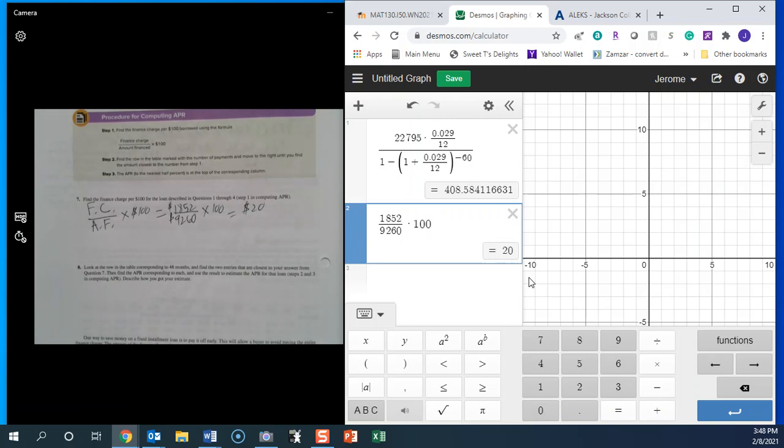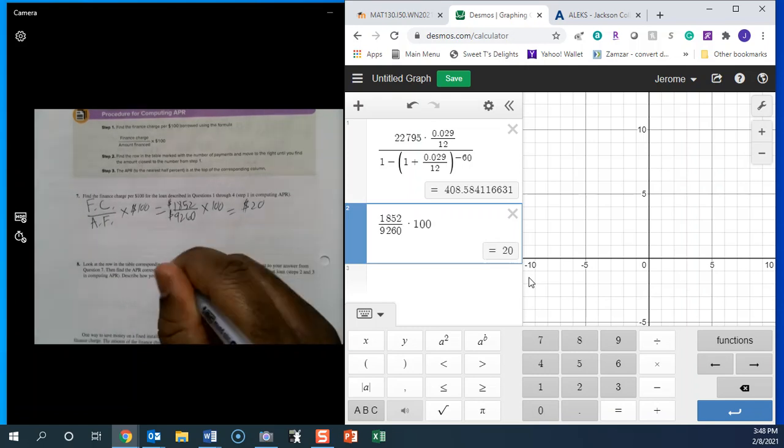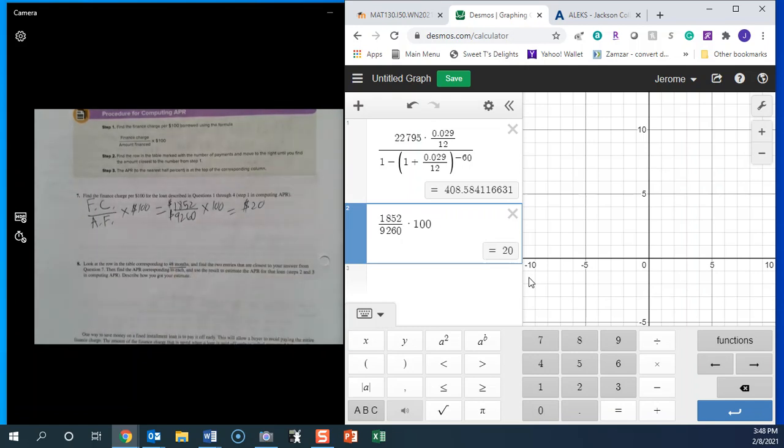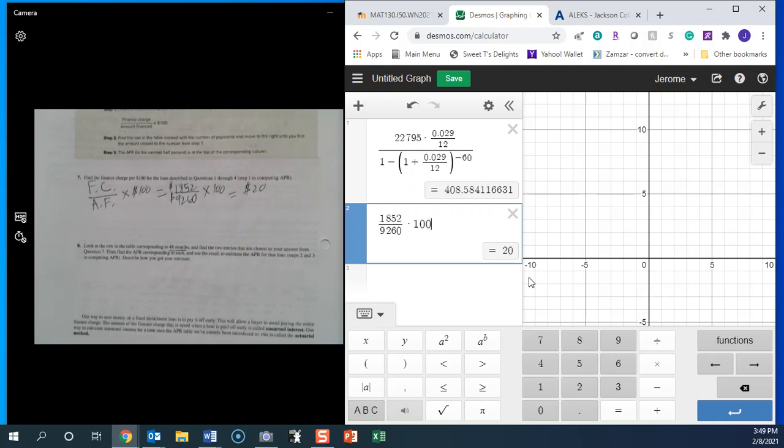So now it says, look at the row in the table corresponding to 48 months and find the two entries that are closest to your answer from question 7. Then find the APR corresponding to each and use the result to estimate the APR for the loan. Steps 2 and 3 in computing APR. Describe how you got your estimate.